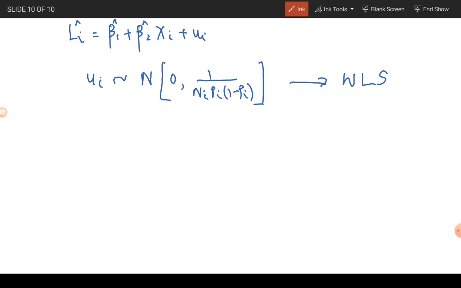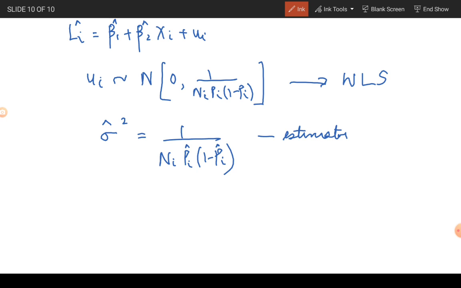Now empirically, when it comes to estimation, the population Pi is not known, and therefore the population sigma square will also be not known. So instead you can use its unbiased estimator sigma hat square, which can be written as 1 by Ni Pi hat into 1 minus Pi hat. Okay, this is the estimator of the population variance term sigma square.